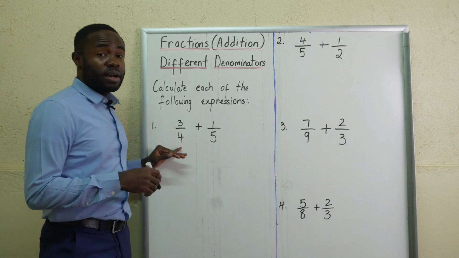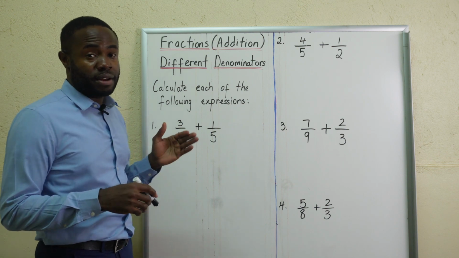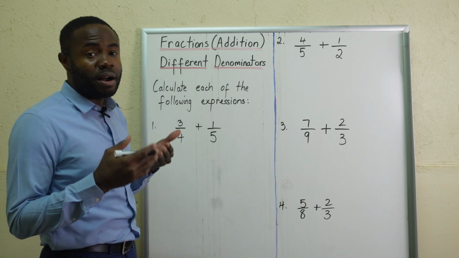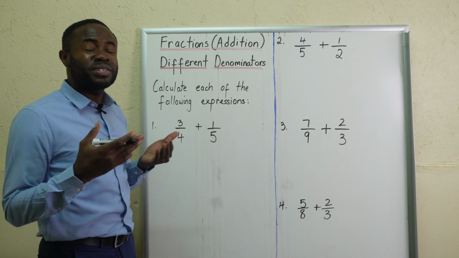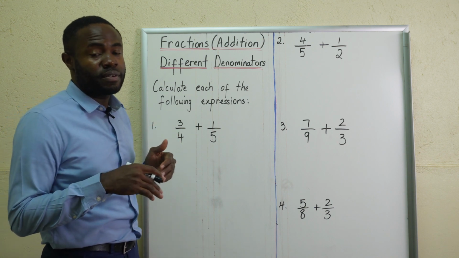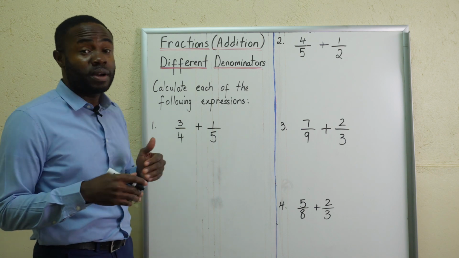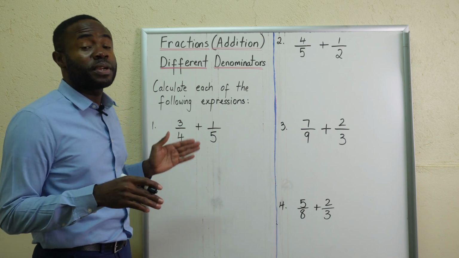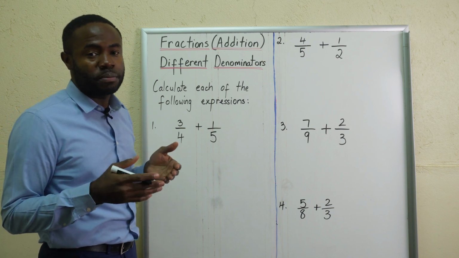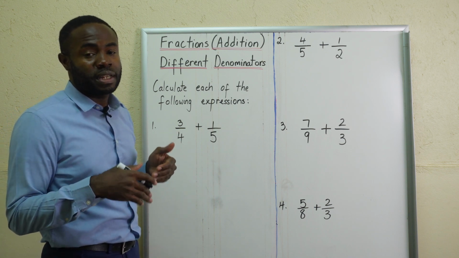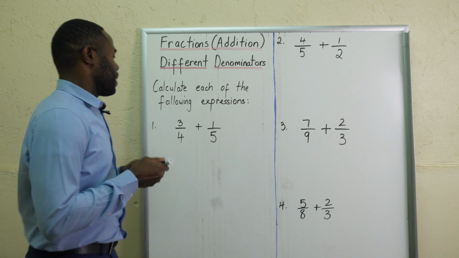So here in the denominator, we have 4 and 5. So we need to find a common denominator. Well, some persons might struggle to find the LCM of numbers. If the numbers are small and you have the time, you can simply list out the multiples until you find one that is common. So let's do this.